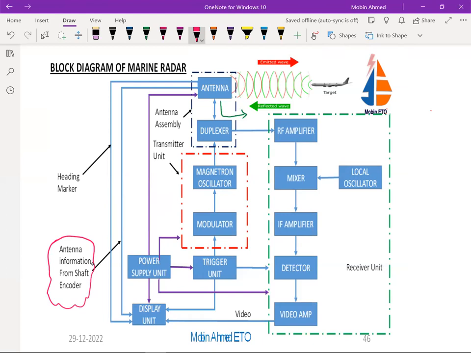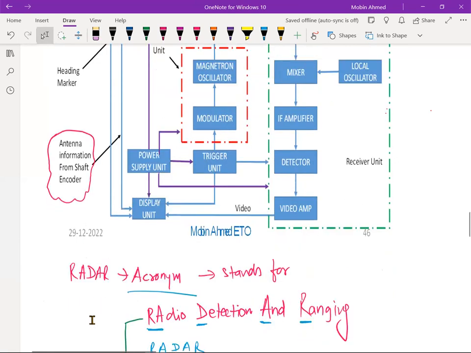So where the antenna is facing, which side it is facing, there only the object echo is going to appear in the display. In this way, we are going to find the direction of the object, and that is known as a bearing.